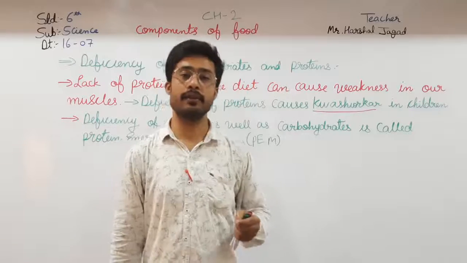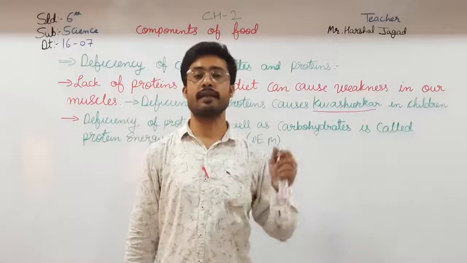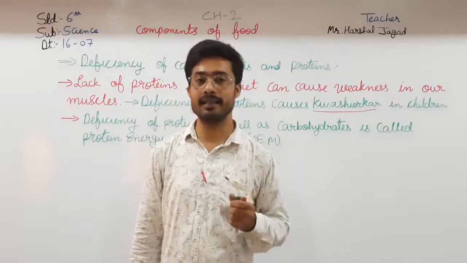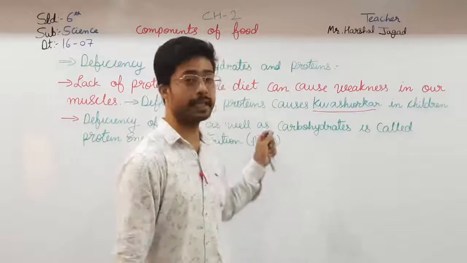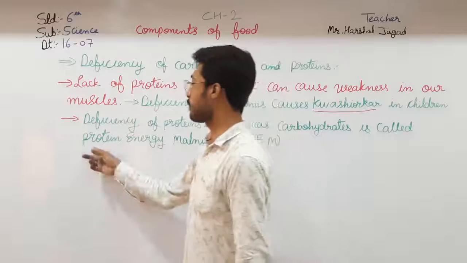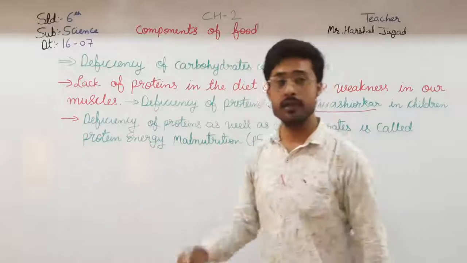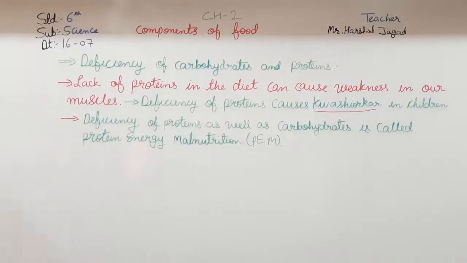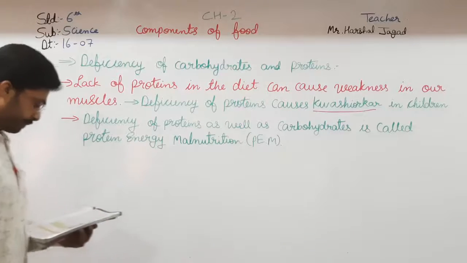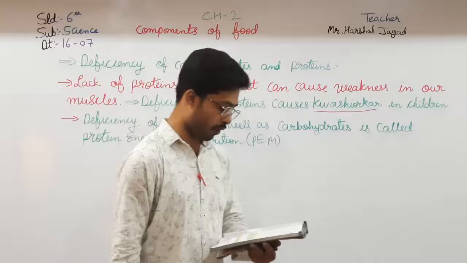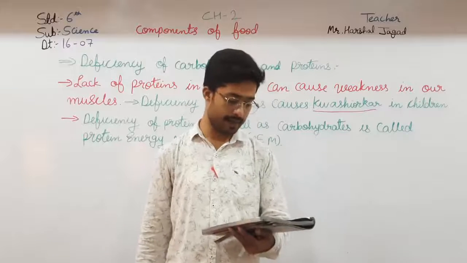In MCQ, fill in the blanks or choose the correct answer, it can be asked what is the full form of PEM, then you have to write protein energy malnutrition. Okay, next point, PEM is quite common in children in the rural areas.